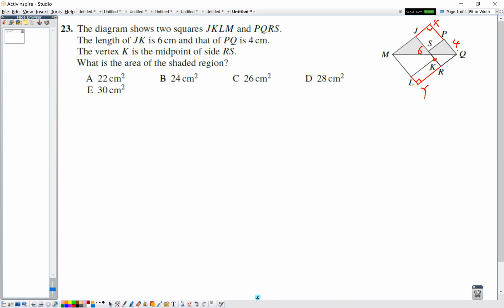Okay, first we can have this rectangle for the small one and the small square on the top as well. So look at the names. MJ plus JX is equal to MJ plus SP.